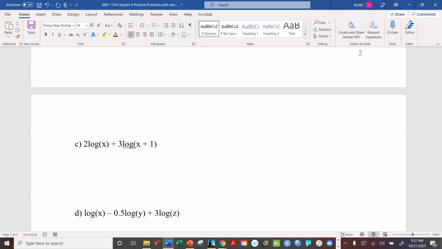So sometimes the strategy is maybe not as clear cut as you might think. Let's try this. This is equivalent to saying log of x squared plus log of x plus 1 cubed.